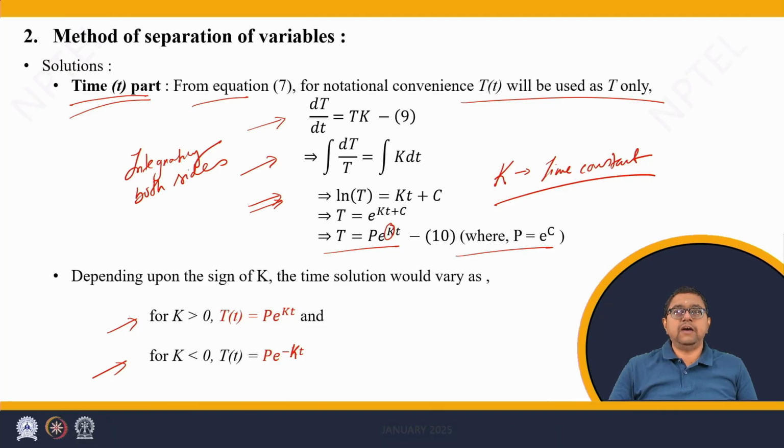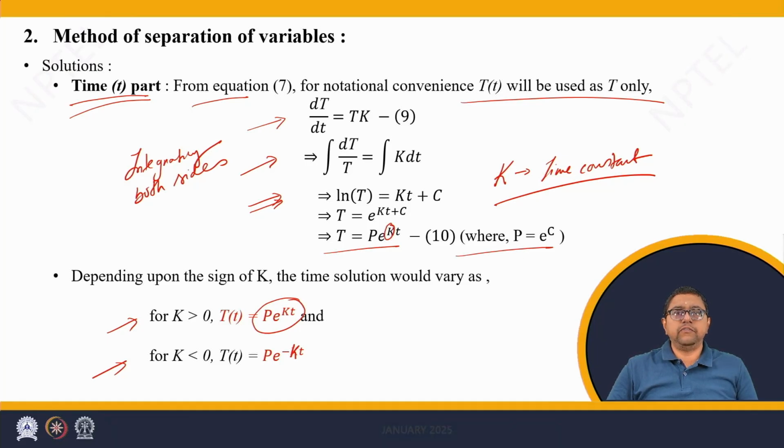Now we can have two cases, depending upon the sign of k. For k positive, the solution is T equals P e to the power kt. Here k is positive.